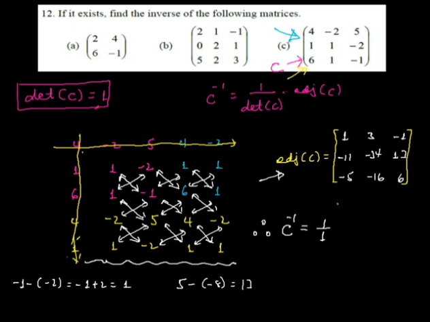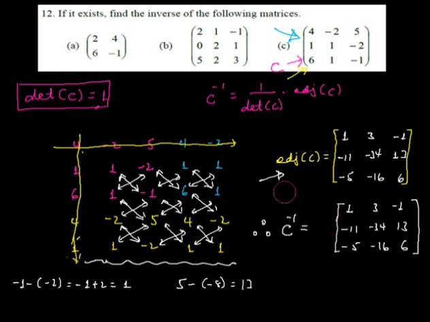Multiplying by one changes nothing. So 1 3 minus 1, minus 11 minus 34 13, minus 5 minus 16 6. This will be the inverse of the given matrix C.